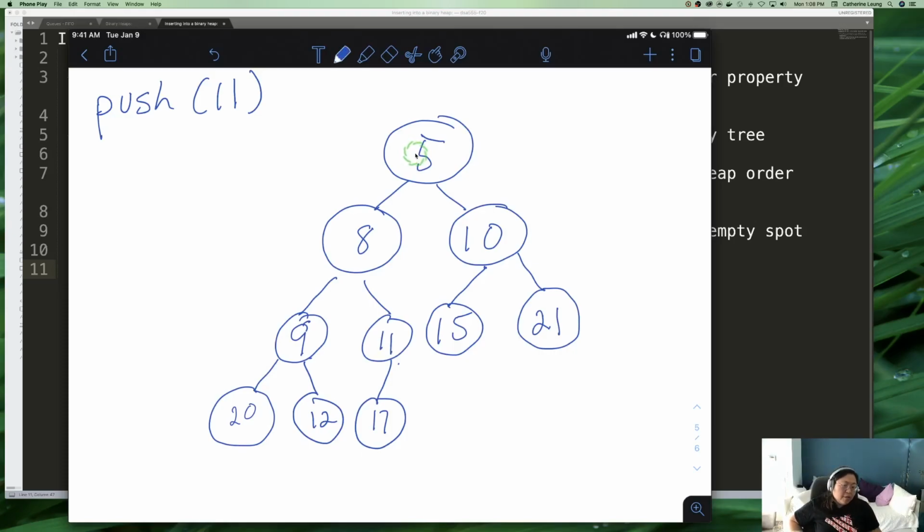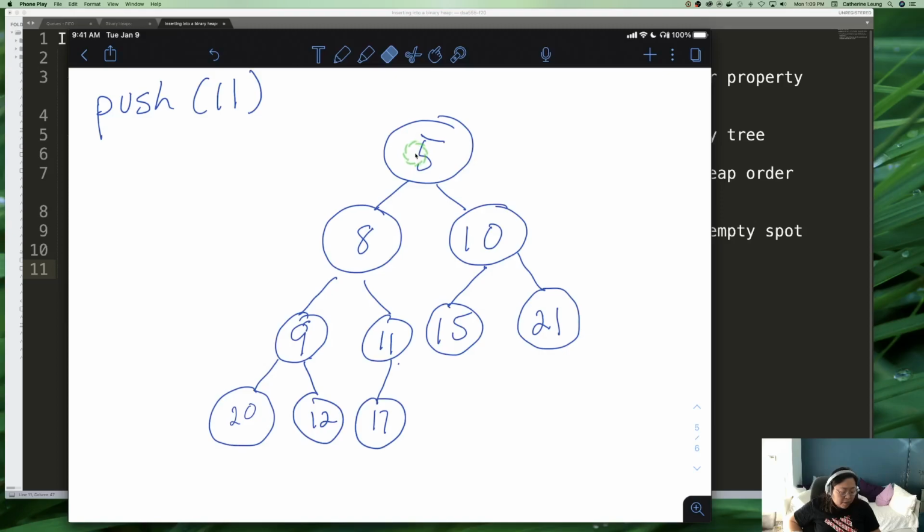So again, you will notice that 11 is lower priority than 8, but it is not lower priority than the 9. Sorry, it is lower priority than the 9. It is not lower priority than 15 or 21. 11 is a higher priority than 21, right?